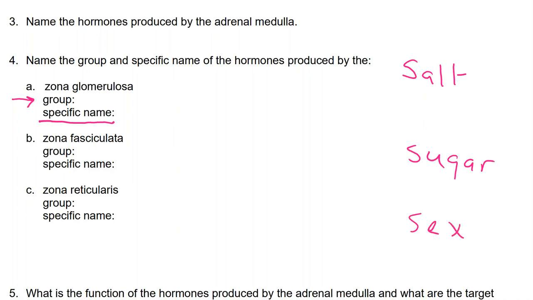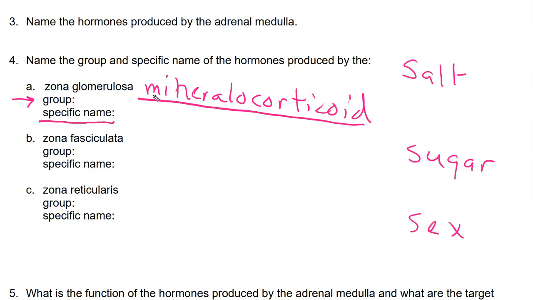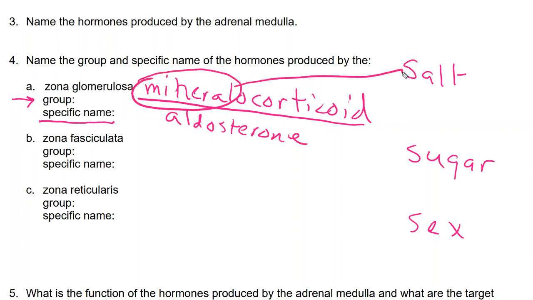Salt, sugar, sex. So Zona glomerulosa makes a mineralocorticoid, and the specific name of that mineralocorticoid, which is the group name, is aldosterone. And when I think of mineral, I think of salt.